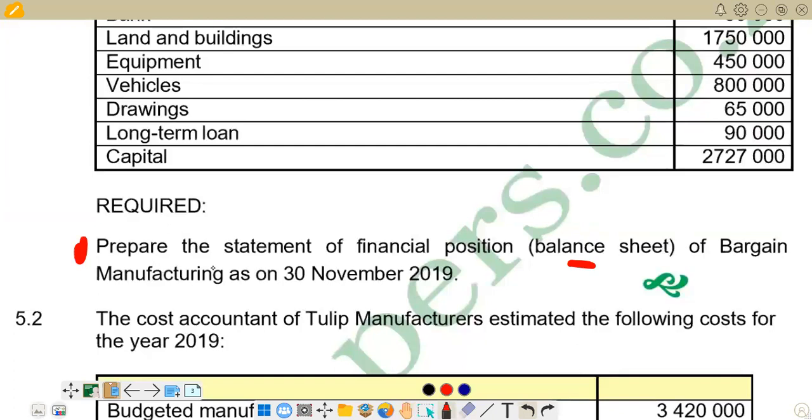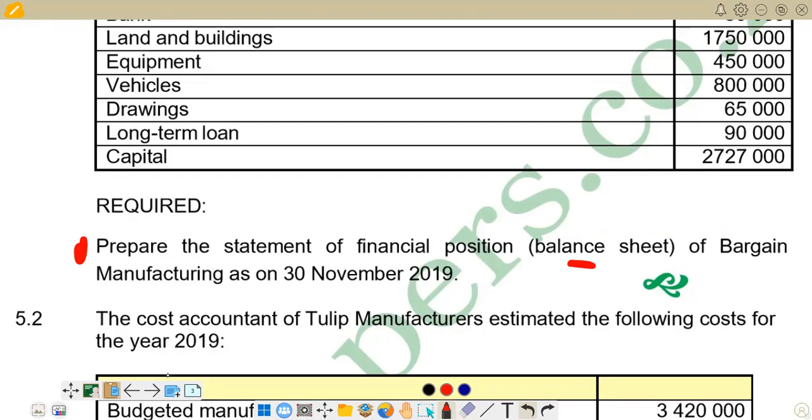It is very simple because this statement of financial position has no adjustments for prepayments or accruals. We are just picking the figures given in the list of balances and putting them in the layout of the balance sheet.